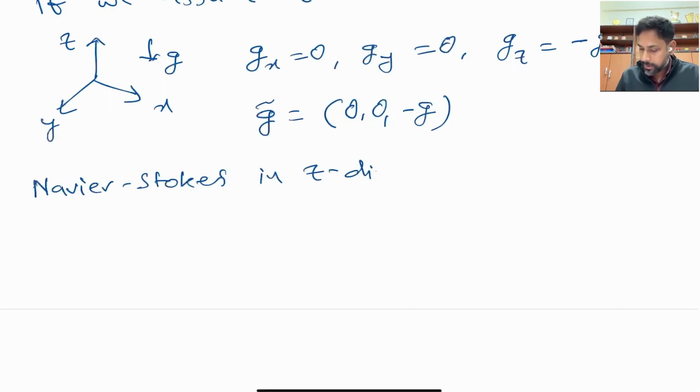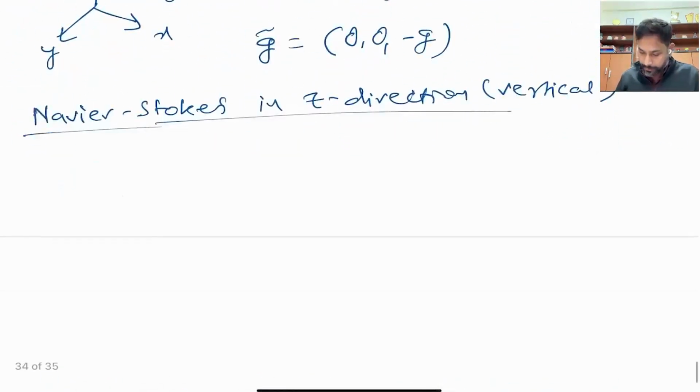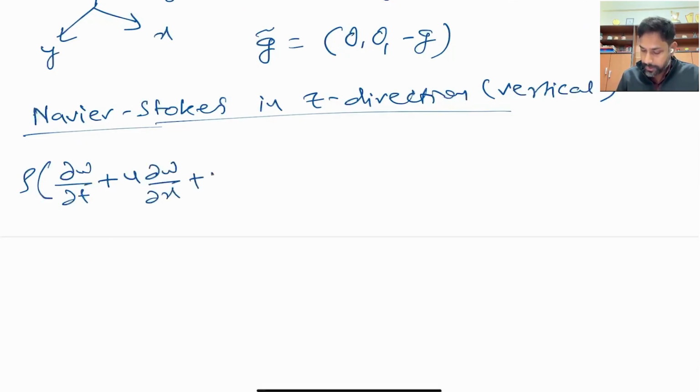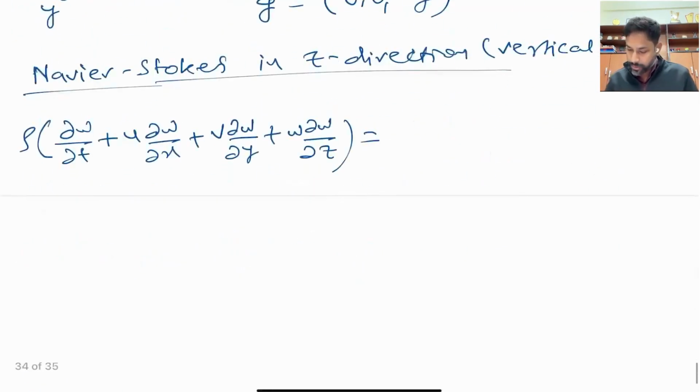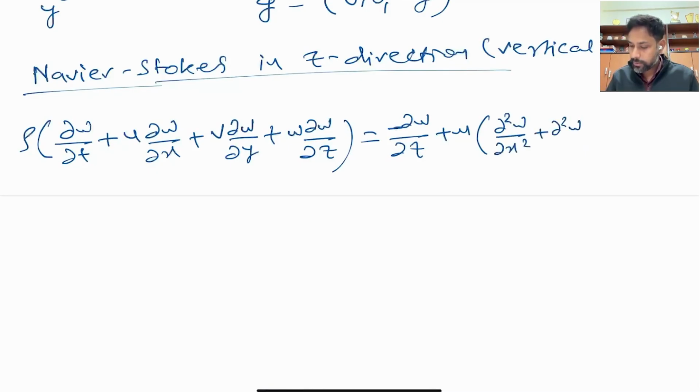In Z direction, that is the vertical direction, we can write this as rho (dw/dt + u dw/dx + v dw/dy + w dw/dz) is equal to minus dp/dz plus mu (d²w/dx² + d²w/dy² + d²w/dz²) minus rho g.